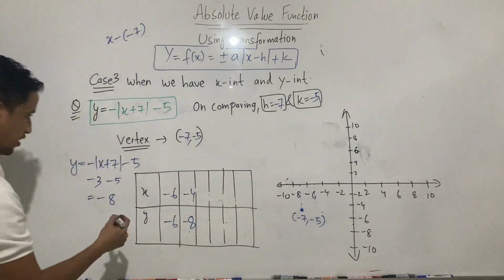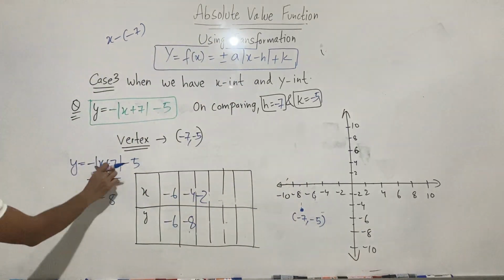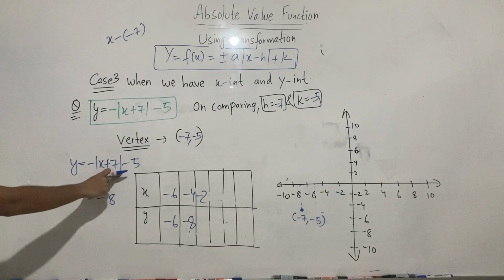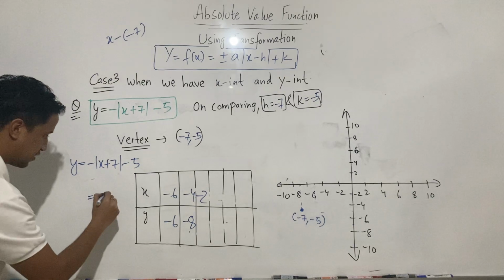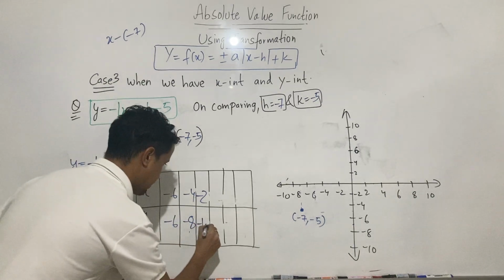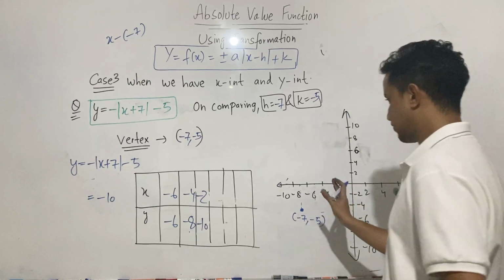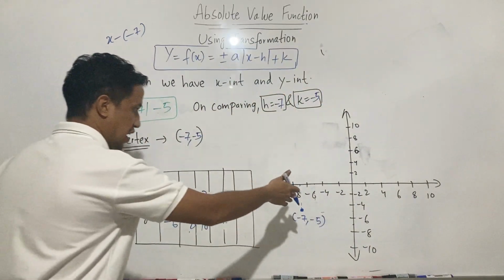Then minus 2: minus 2 plus 7 is 5, negative 5 minus 5 is minus 10.